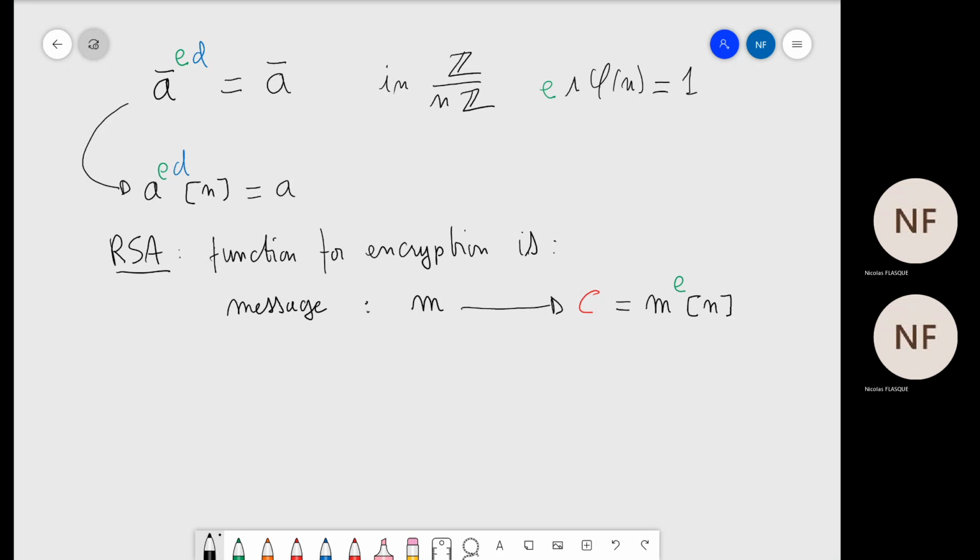Now, the function for decryption is the following.